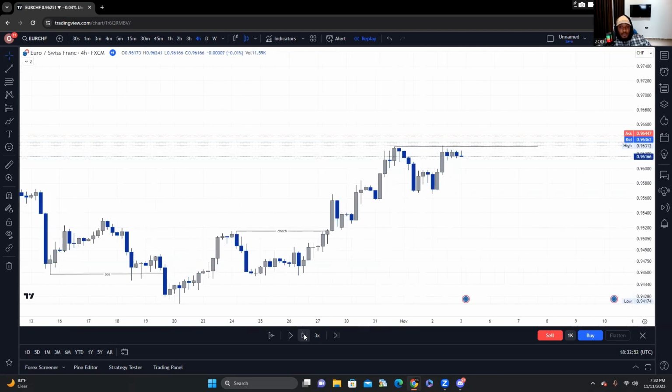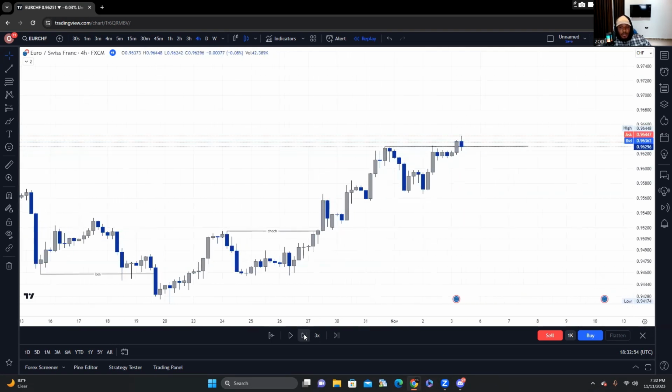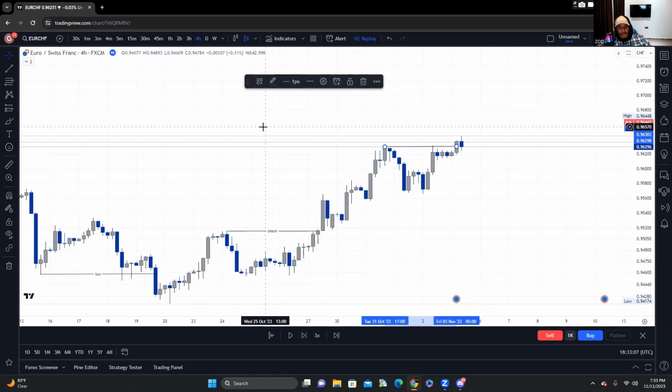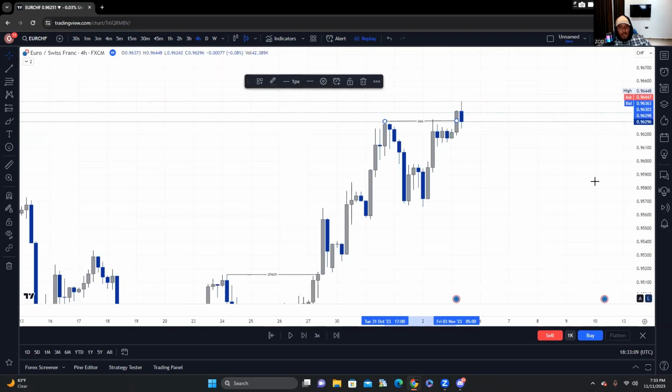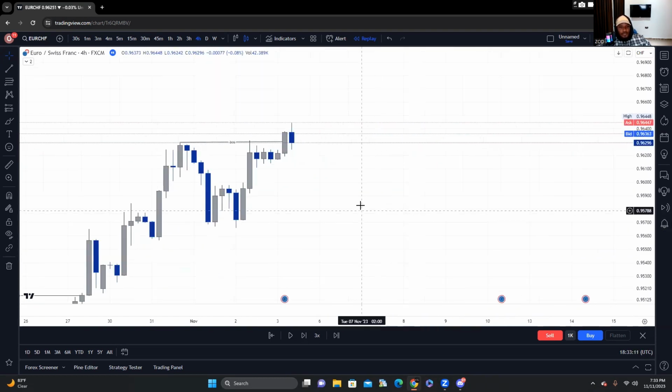So let's see how that played out. Remember, this is 4-hour time frame. Okay, so I think there we have it. We have yet another break of structure to the upside. So expectational order flow, right?